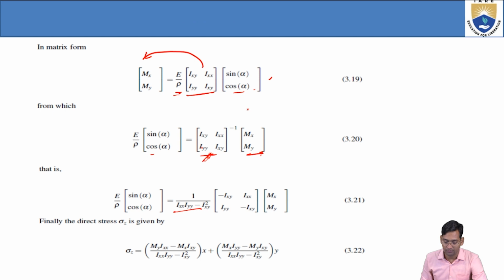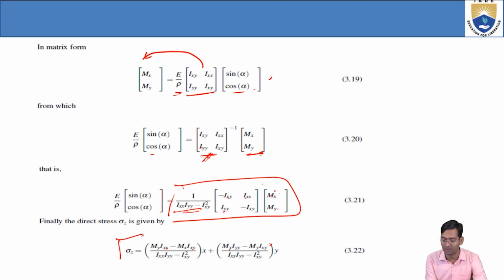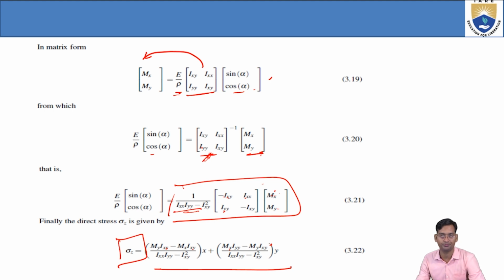So from there what we will get is sigma z equals my Ixx minus mx Iyy by this determinant, just cross multiplying. For this term it is mx Iyy minus my Ixx by this, the multiplication of E by rho sin alpha that was there. So that's sigma z equals this one.